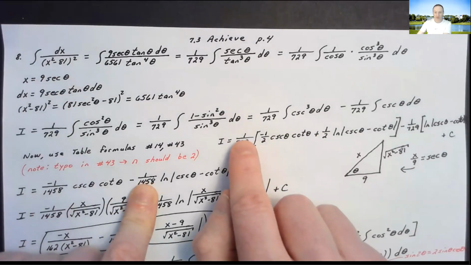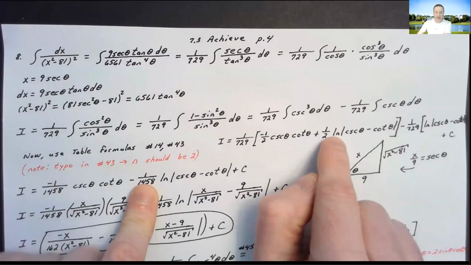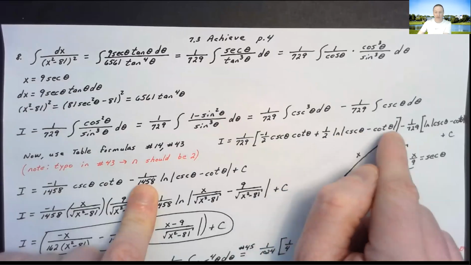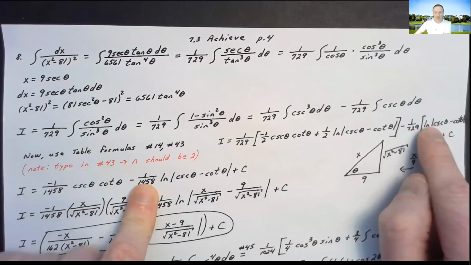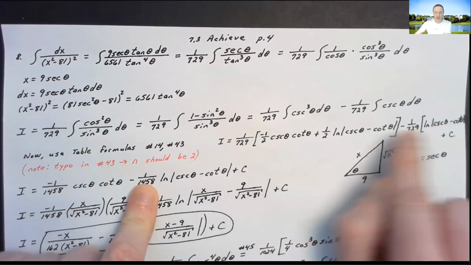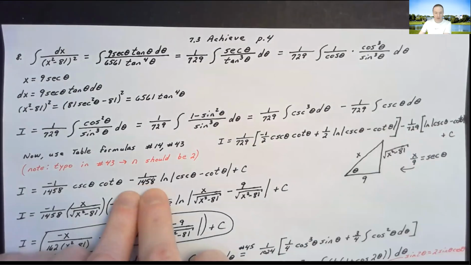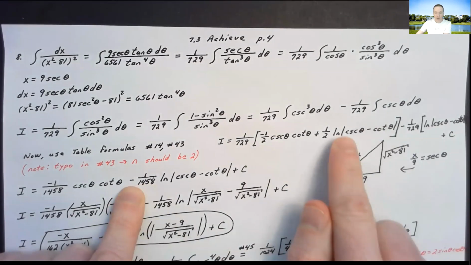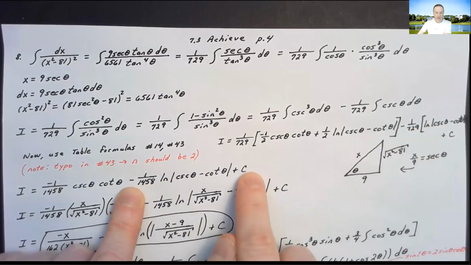I said this term here would be plus 1 over 1458 natural log of cosecant minus cotangent, but then I have minus 1 over 729, the natural log of cosecant minus cotangent. These two are like terms. I've just combined their coefficients to get to this term down here of the minus 1 over 1458 natural log. So I combined this term and this term to get this term, plus my c.